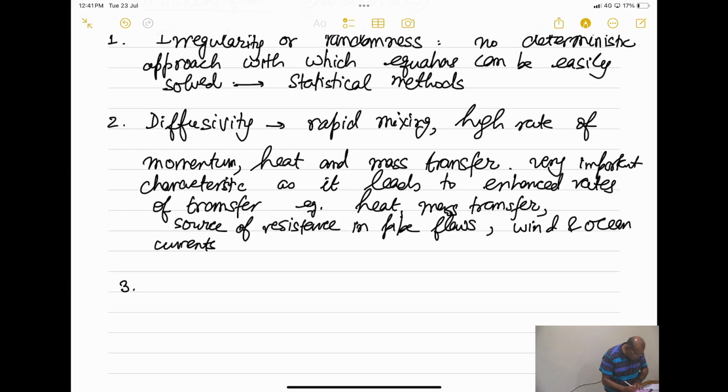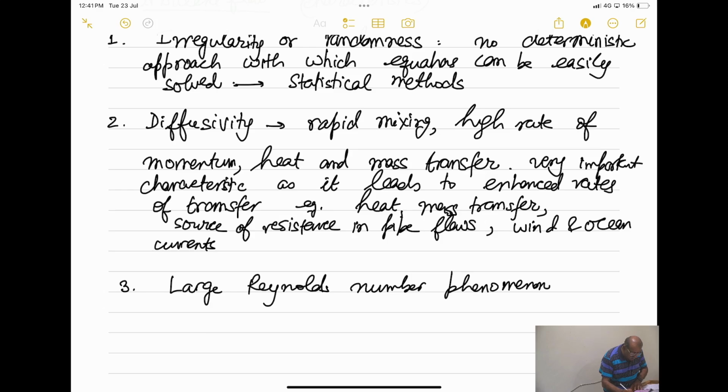Now all turbulence which we see is essentially a large Reynolds number phenomenon. And as we saw in the last class, when I talked of the famous experiment of Reynolds, when the velocities were low, the flow was laminar, but as slowly the velocity was increased in the pipe, the flow started becoming turbulent.